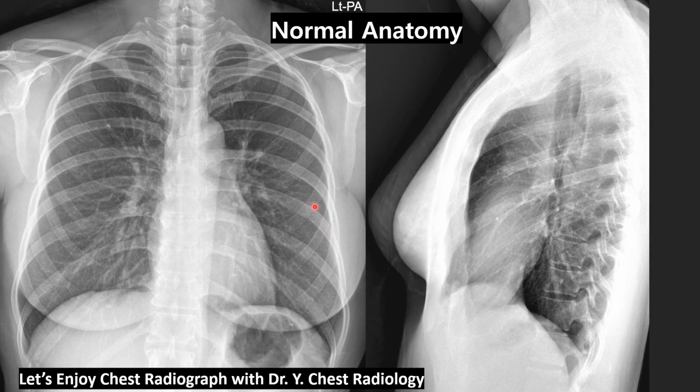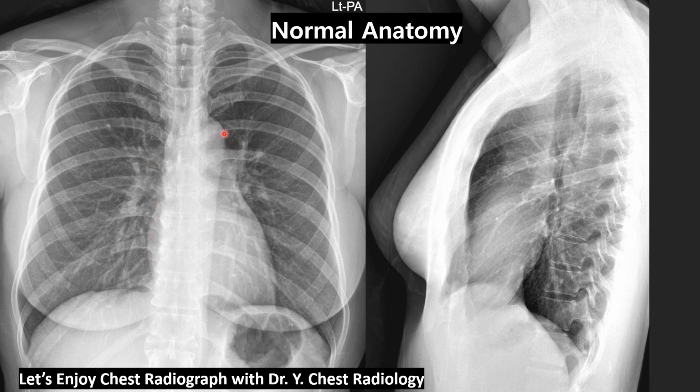Now we understand why the normal anatomy of chest PA and lateral films is so important. Because mediastinal tumors are here, usually hiding in here, sometimes bulging out here.